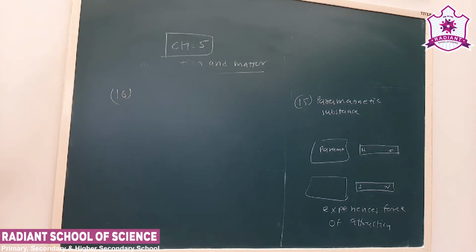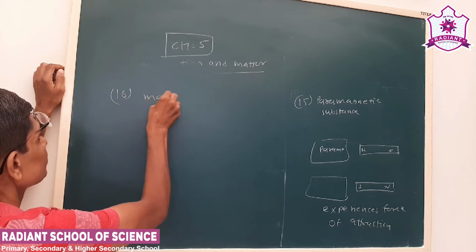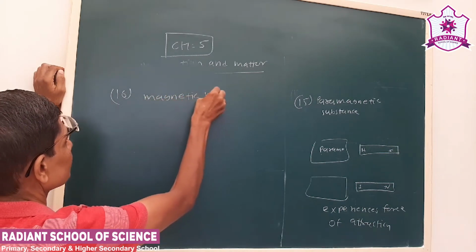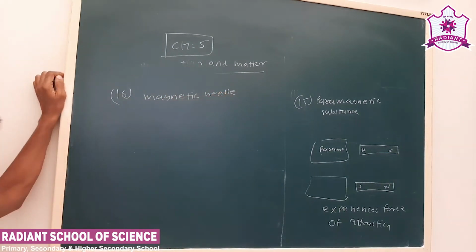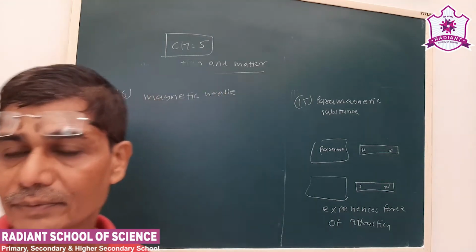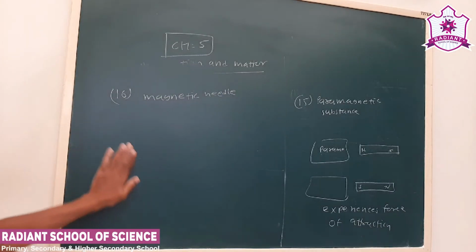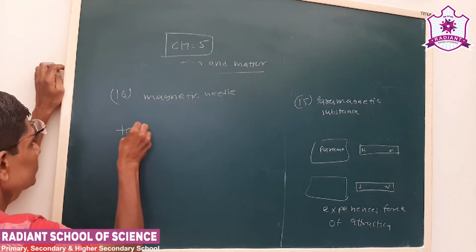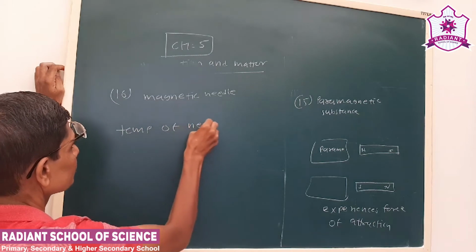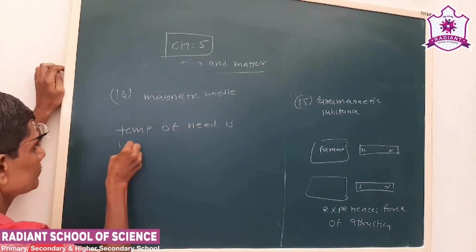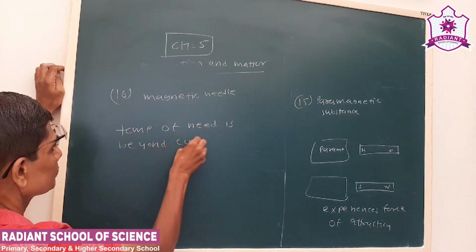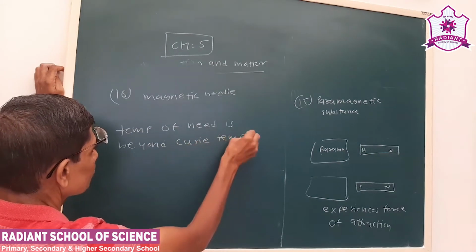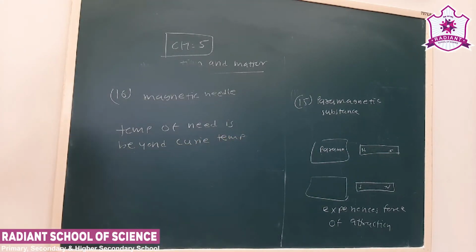A magnetic needle is kept on a horizontal surface in the Earth's magnetic field. Now see, a magnetic needle when kept in the magnetic field of the Earth will oscillate. Now see the question part. The temperature of the needle is raised beyond the Curie temperature.